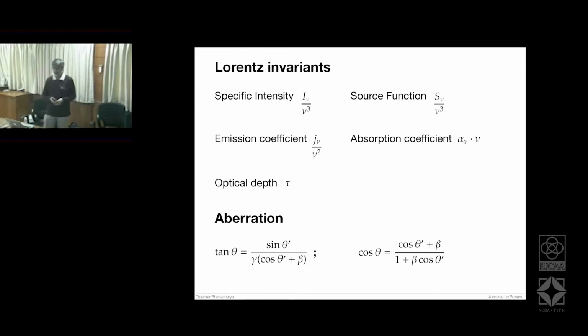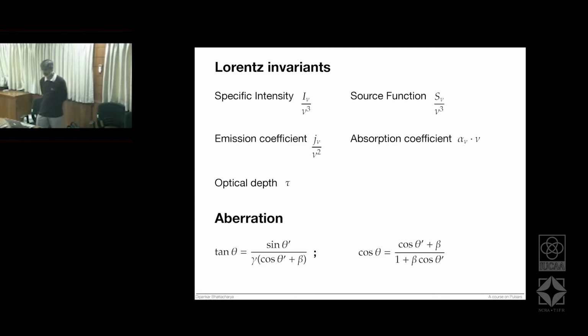When people simulate this, they are interested in the intensity coming from the source. So they can do the calculation in the rest frame of the source, take I_nu over nu cubed there, and that is what the observer will also observe.